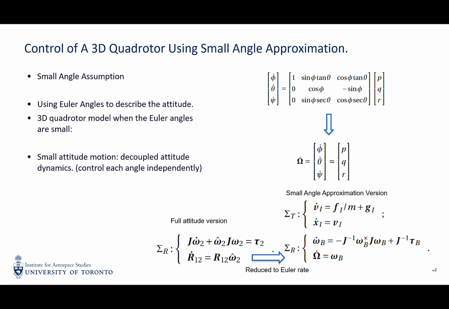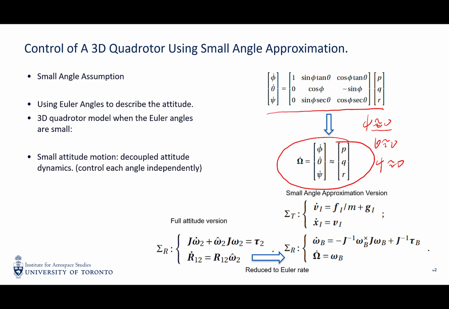So in this case, it is reasonable to use the small angle assumption. Basically, what we say here is that all the angles are very small: phi is approximately 0, theta is approximately 0, and psi is approximately 0.